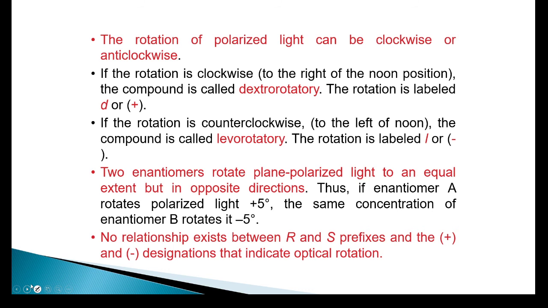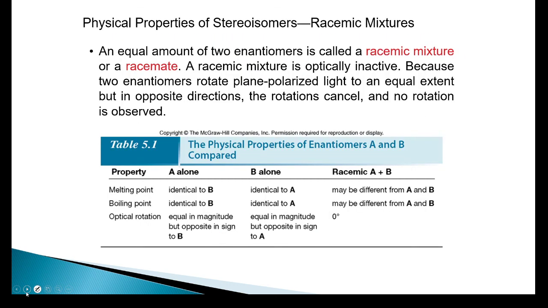If I have a complete 50-50 mixture of both enantiomers, the light won't rotate at all because the one enantiomer will be rotating it so many degrees to the right, but the other one will be rotating it so many degrees to the left, and it won't cause anything to happen. And that's what this is indicating here.